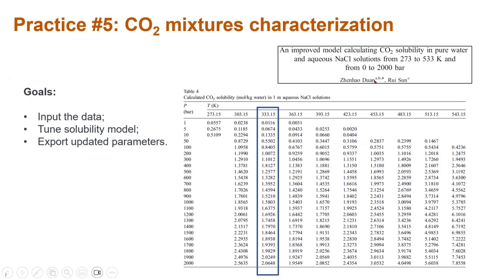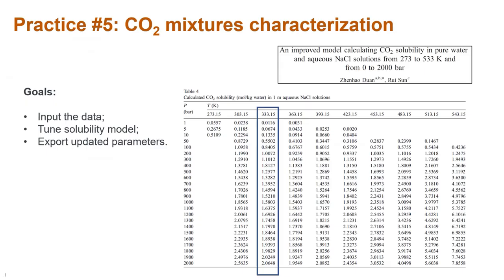I took the data from the Duan and Sun paper, the paper that I just mentioned. I picked a temperature of 60 degrees C. There is a broad range of pressure. Take a look, the numbers are much higher than for hydrogen. The salinity is the same, a molality of 1.